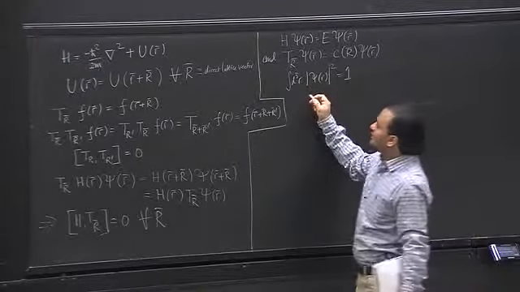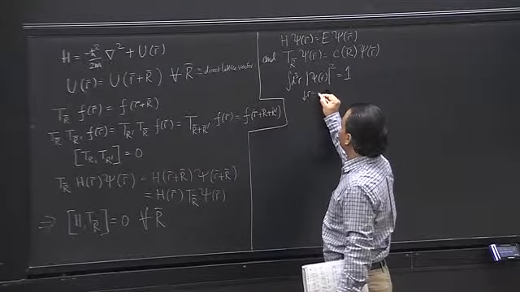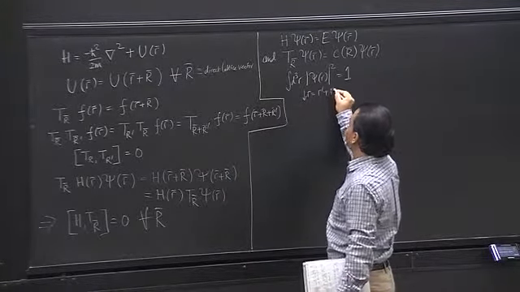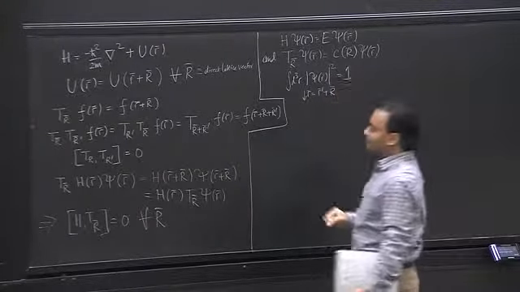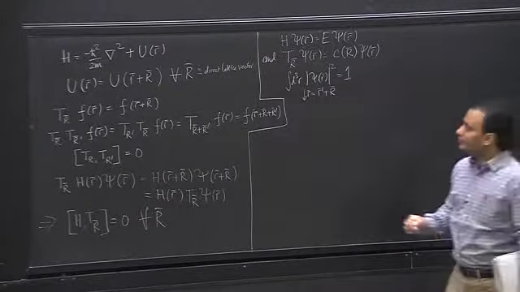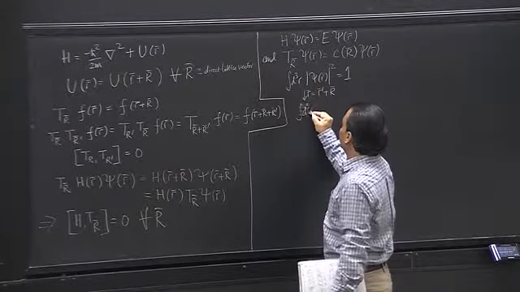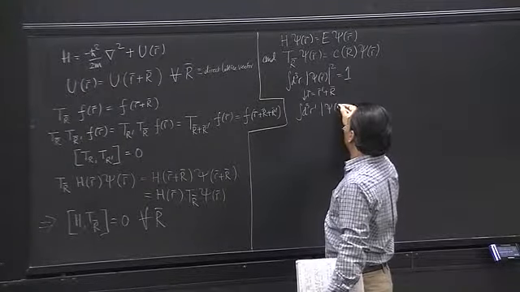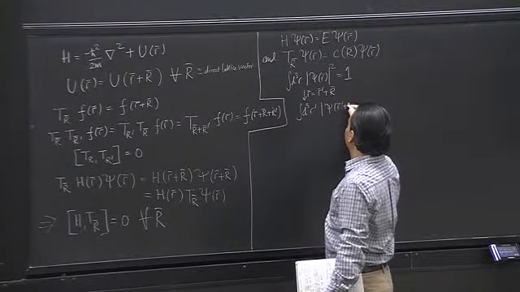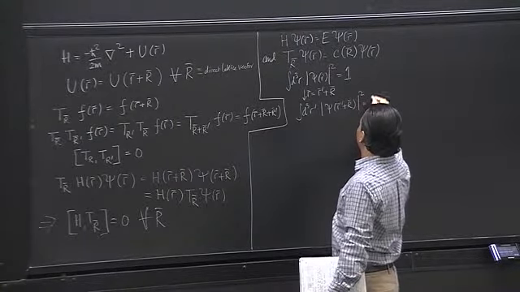Now in this, let's make a substitution. r goes to r prime plus capital R. This would mean that the integral d cube r prime of mod psi of r prime plus R square is 1.